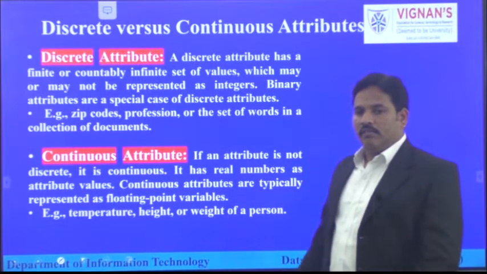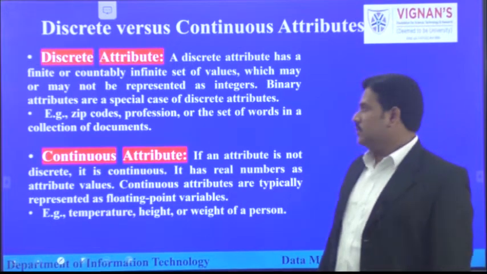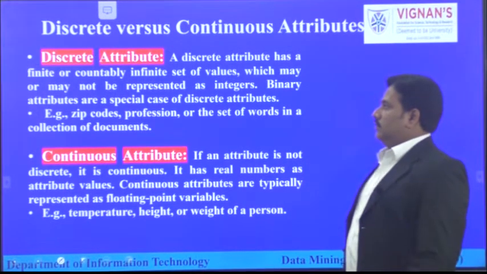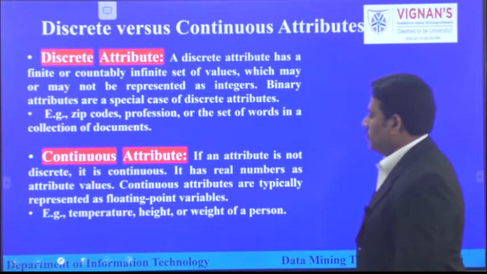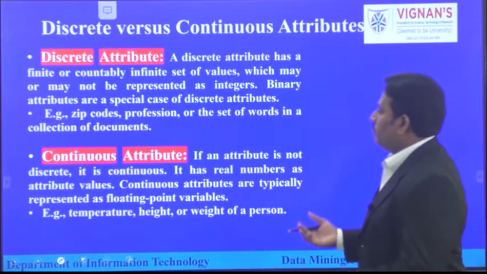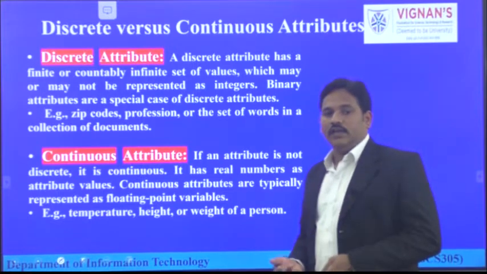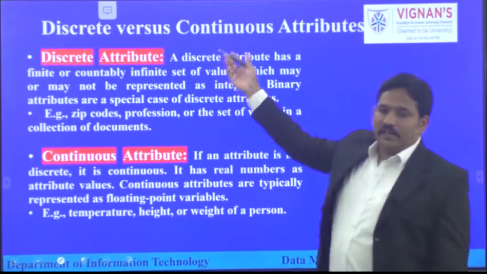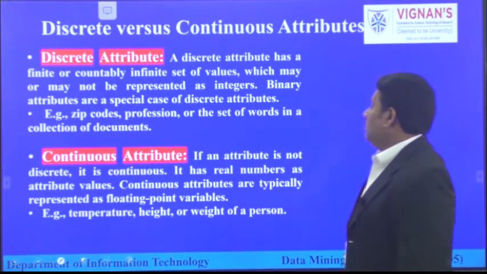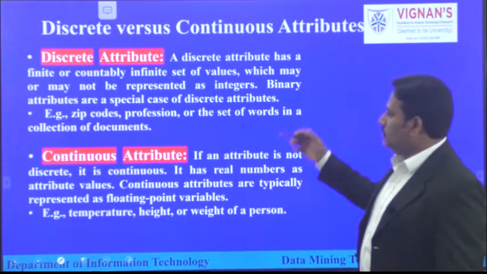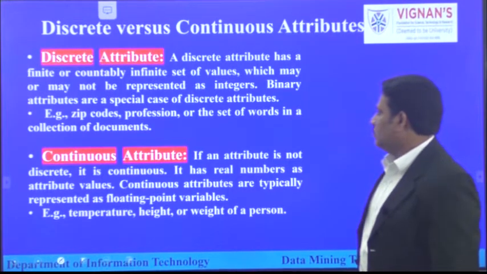Now there is another way of observing these attributes, whether the attribute follows a discrete nature or a continuous nature. Depending on the type of the value and the characteristic of that value, we can categorize it as either discrete or continuous. Let us see these two with suitable examples.